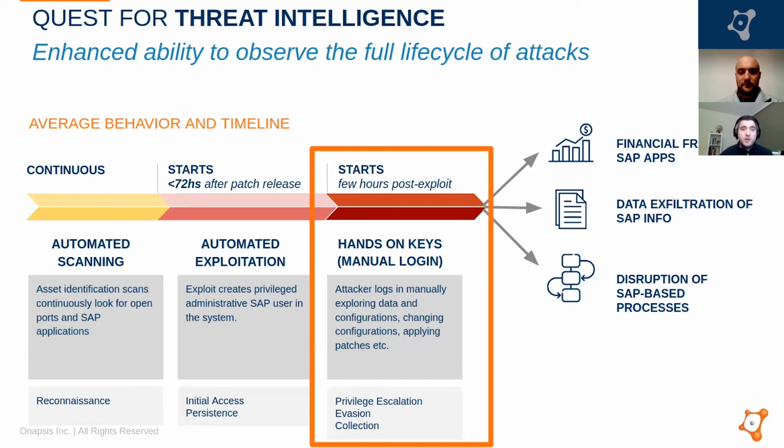We have seen also manual, but both are happening. And that's really to compromise the system and get the initial access. And then after that, we saw really the system being accessed, hands on keyboard, logging into the system with a human behind that, really providing credentials, logging into the system, accessing different sections.